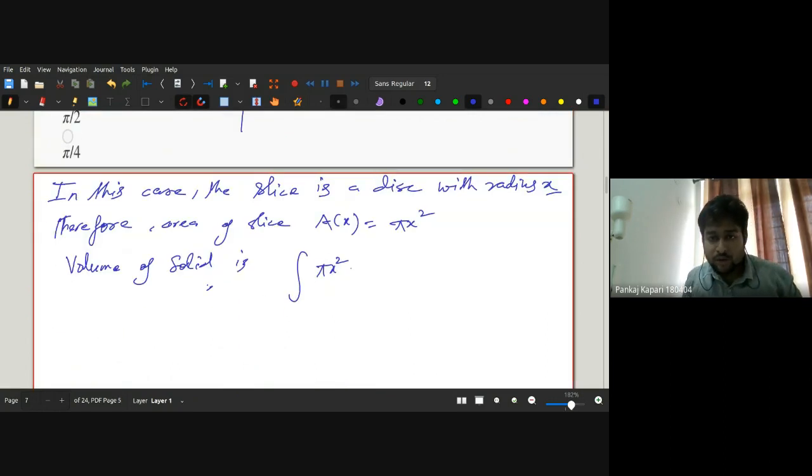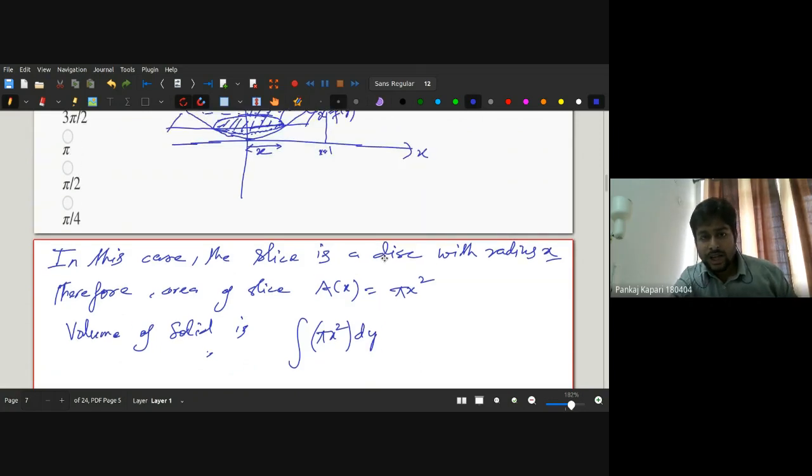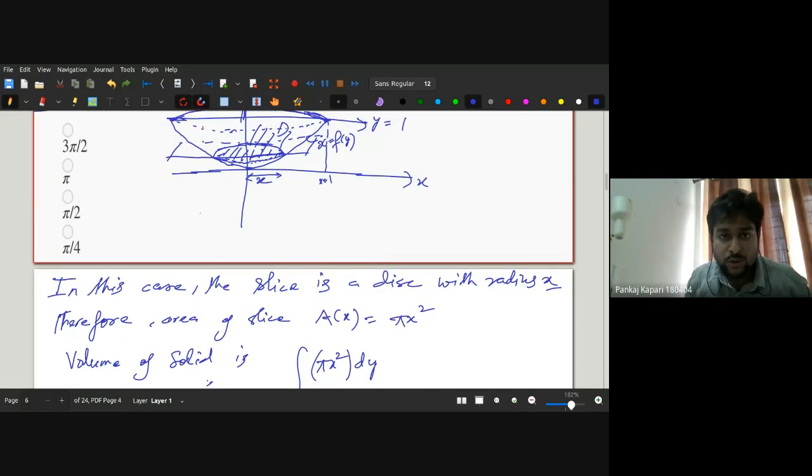Okay, so this is the volume, but since your slices vary across the y-axis, you can say that your slice looks like a cylinder, because you can give this slice a small thickness.